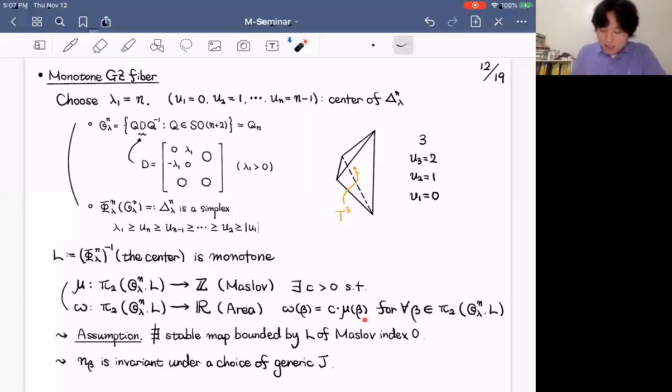And as you can see, if the Maslov index is 0, then this forces the symplectic area energy to become 0. So only the trivial disk can be the Maslov 0 disk bounded by L. Furthermore, in a monotone situation, the counting invariant is really invariant under the generic choice of the almost complex structure, because we can always construct a cobordism between them. So that's the good property of the monotone Lagrangian.